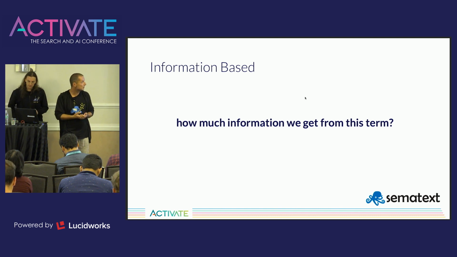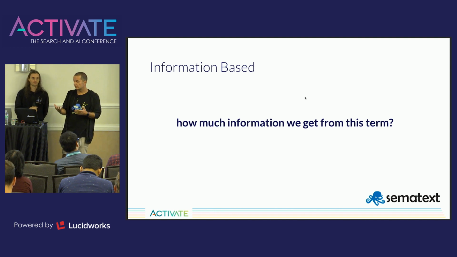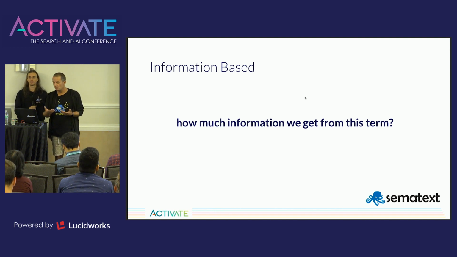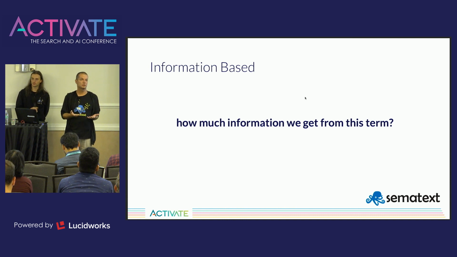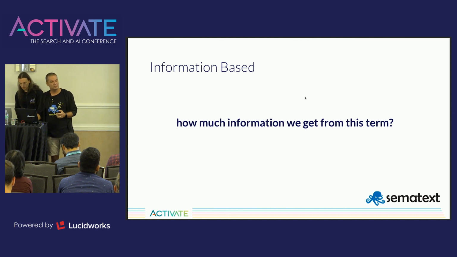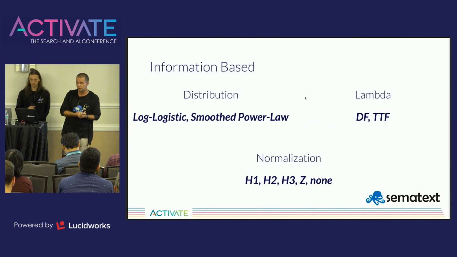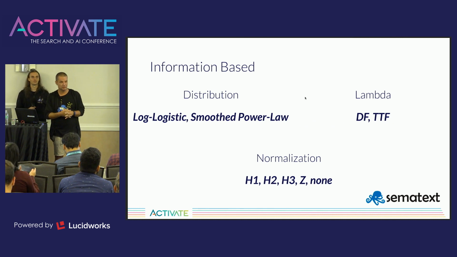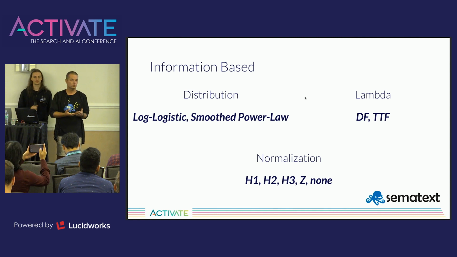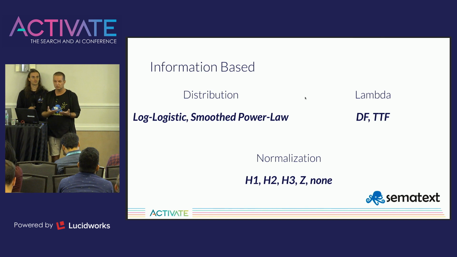Maybe that will happen, but for now, this similarity actually asks a question: how much information we get from a given term inside our data? So similar to the DFR similarity, we have multiple factors that we should consider. We have a distribution, which is more similar to what we call the basic model in the DFR.